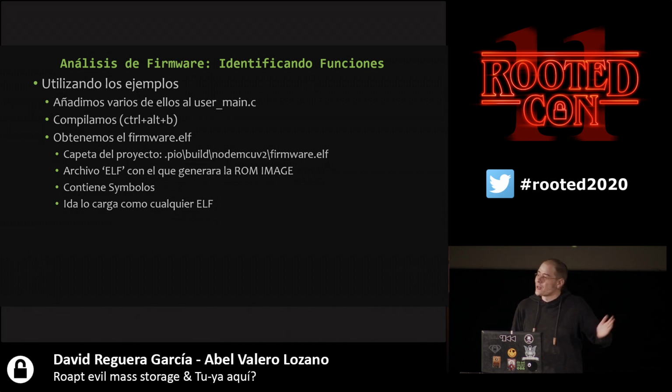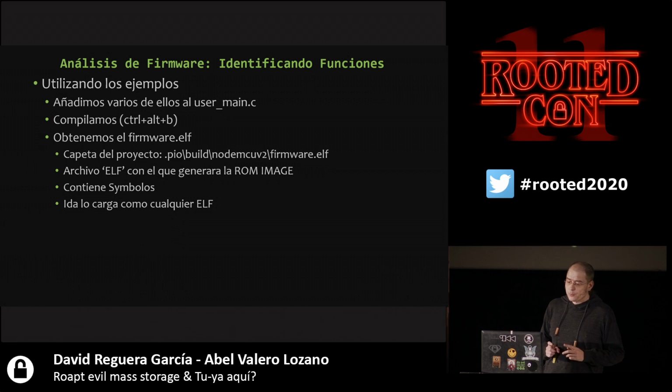We add several of them to the user main.c. But careful, the memory is not infinite. I had to do an example with a Wi-Fi part, with a socket part, client socket, server socket. I went module after module to take out the signatures.